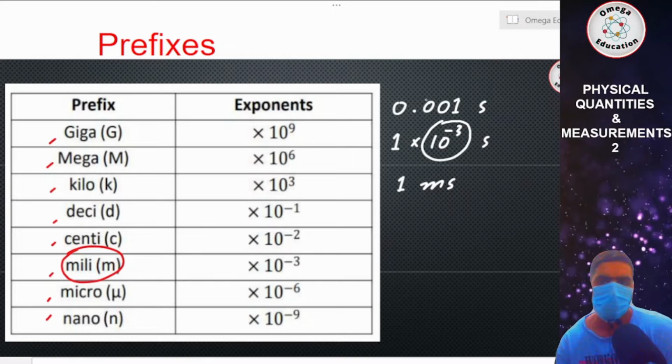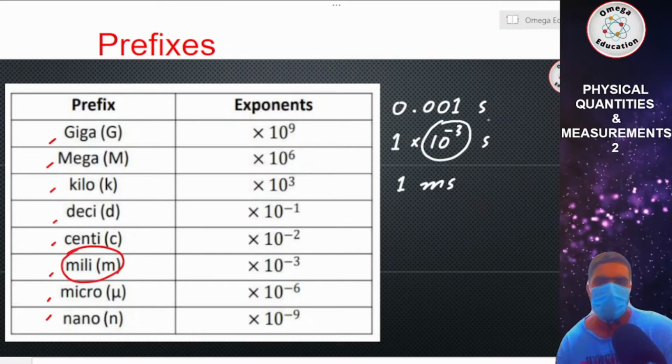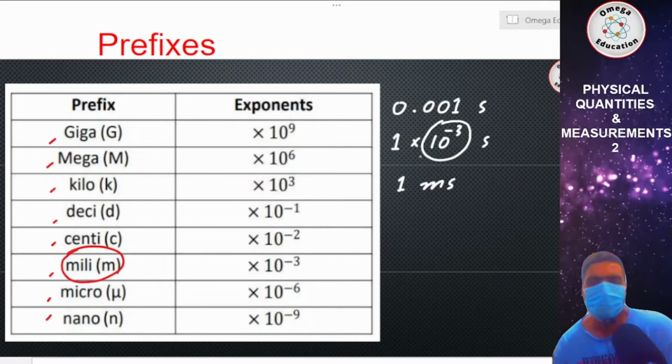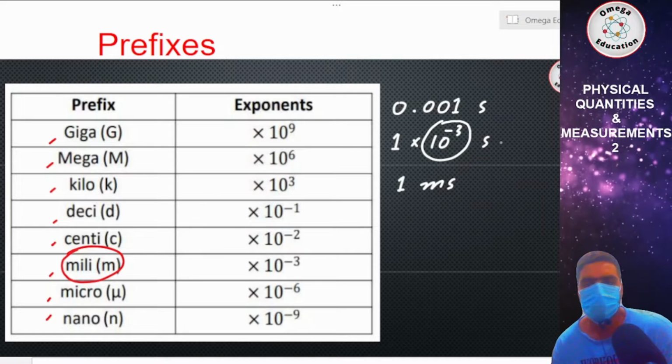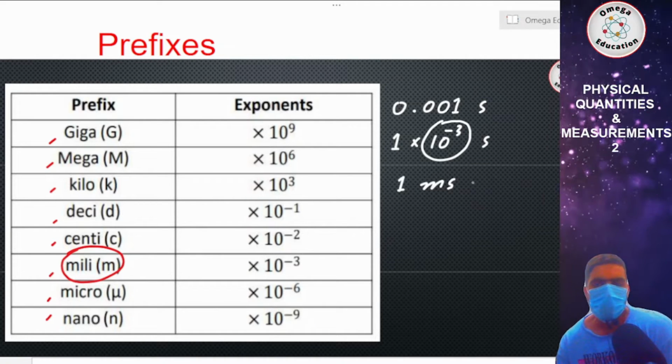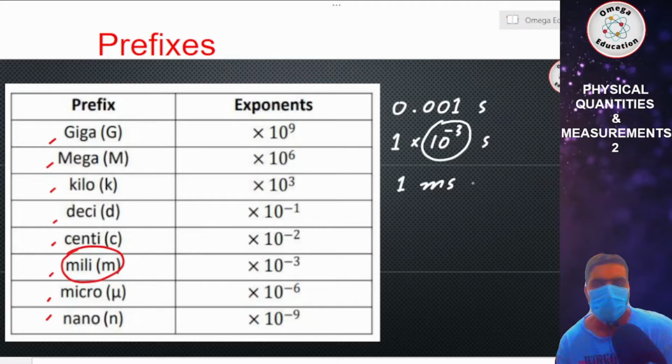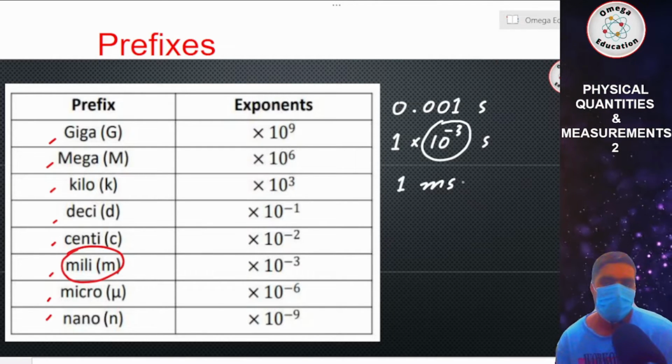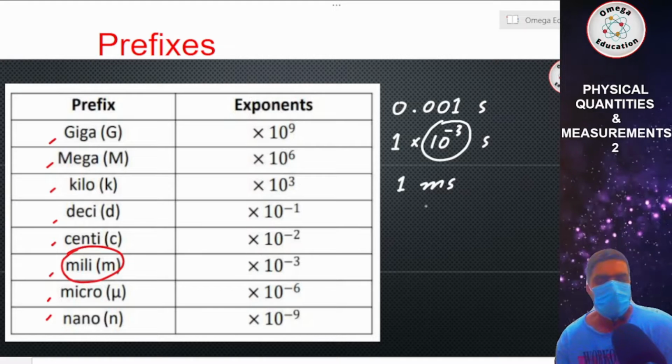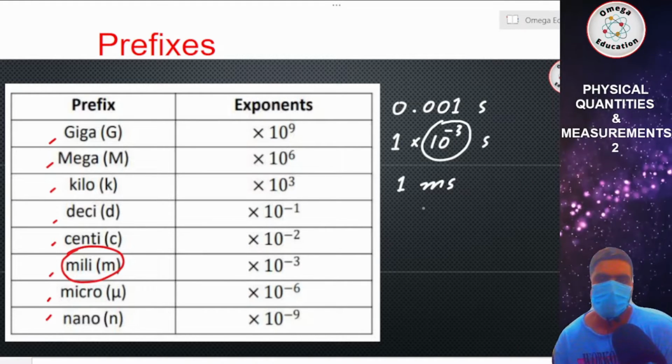So instead of writing 0.001, or instead of writing in the standard form 1 into 10 to the power minus 3 seconds, I can easily and conveniently write it as 1 millisecond. So this is a use of a prefix.